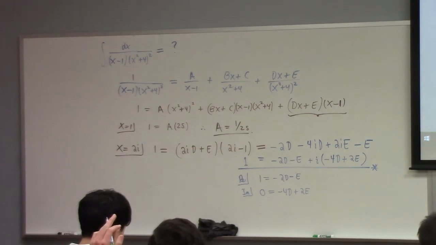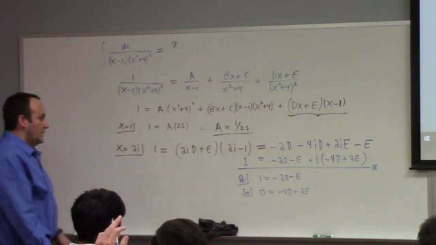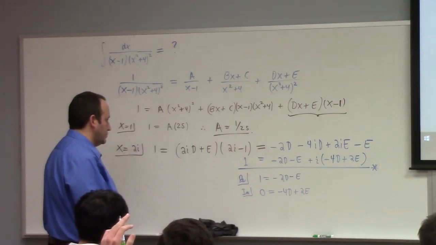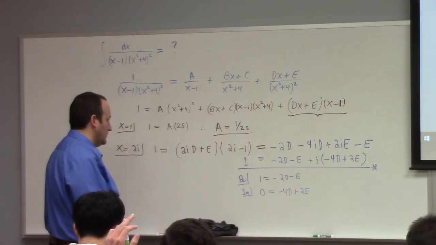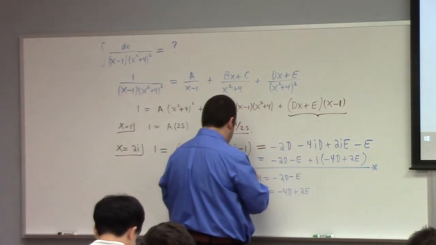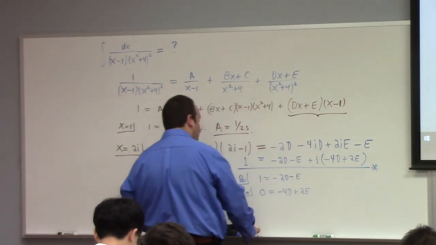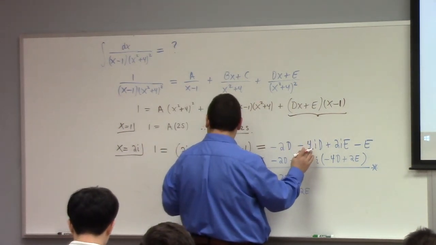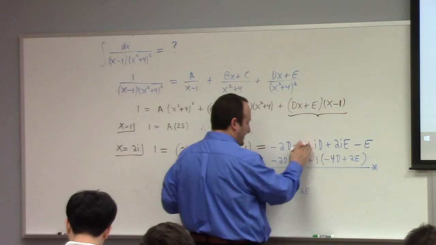Shouldn't that negative 2d also be a negative? Oh, I think I put the 4 in the wrong place. I'm sorry. You guys made a correction, and I took your correction and made it into a new mistake. Let me fix it. So this is supposed to be minus 2id.